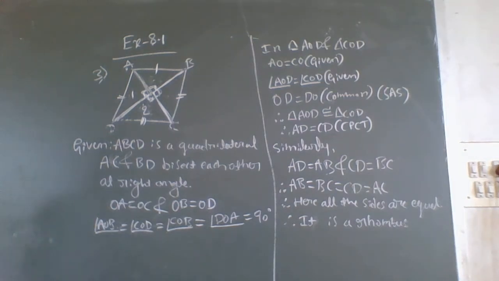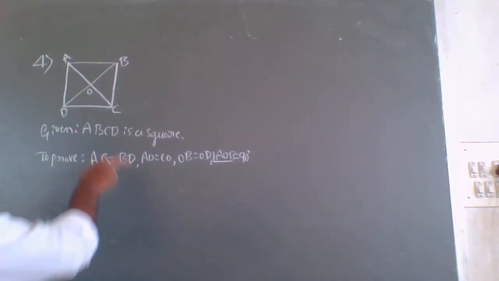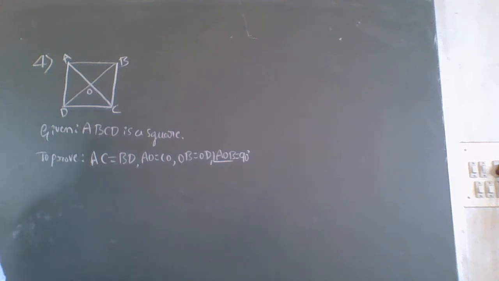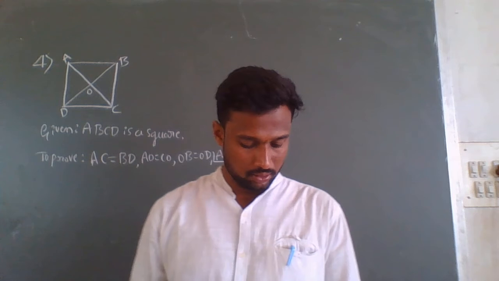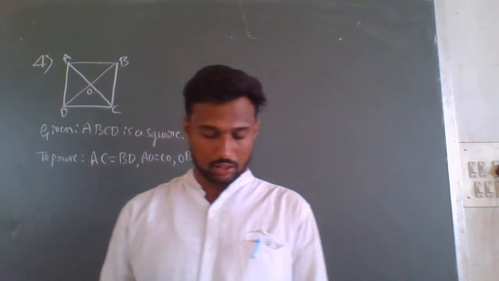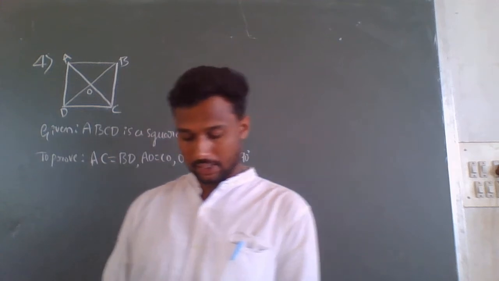So now I will continue with the fourth problem. Here, this is the diagram for the fourth problem. What is given in the fourth problem? Show that the diagonals of a square are equal and bisect each other at right angles.